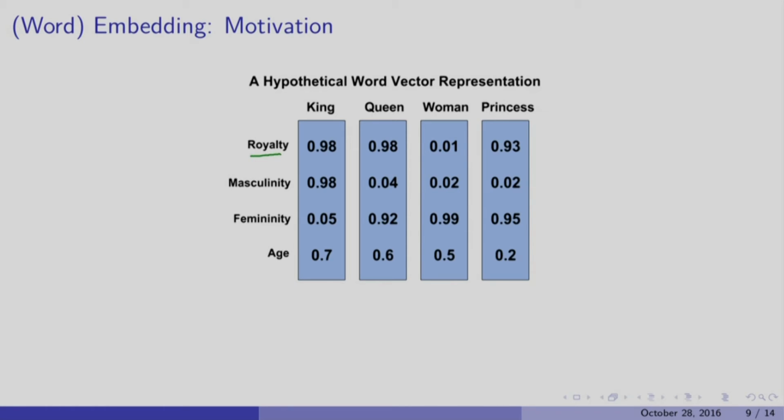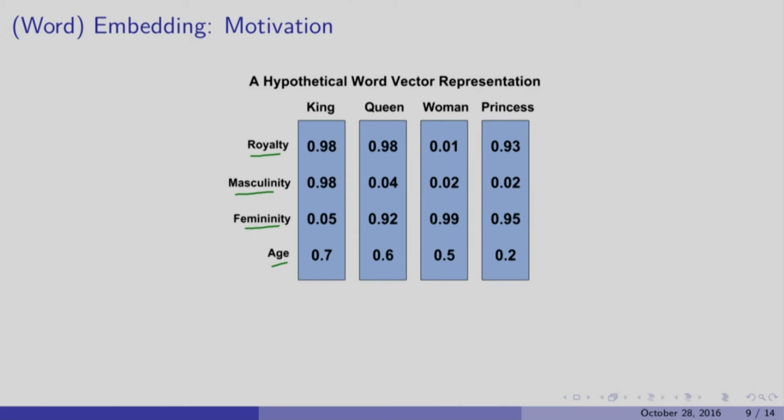So the first dimension is a measure of royalty, the second is a measure of masculinity, then of femininity and age. The king certainly scores well on the first, second and the fourth dimension. The third dimension is negligible. We would actually like this to be 0. On the other hand, queen scores very high on the first, third and the fourth dimension.